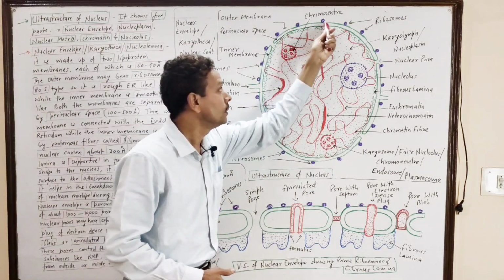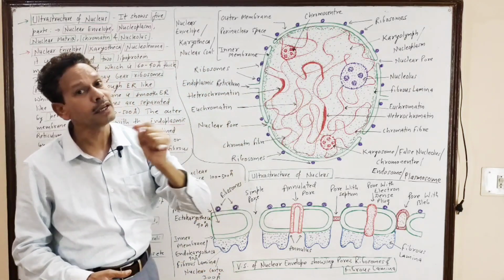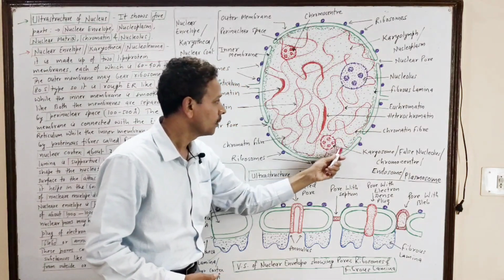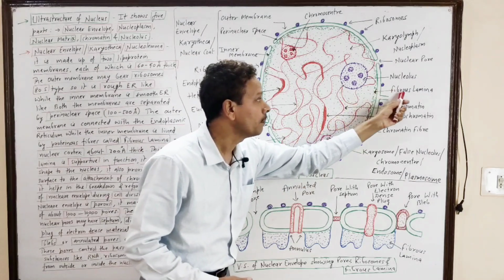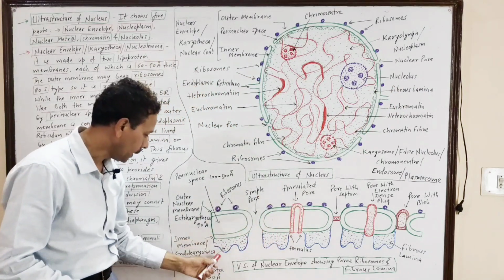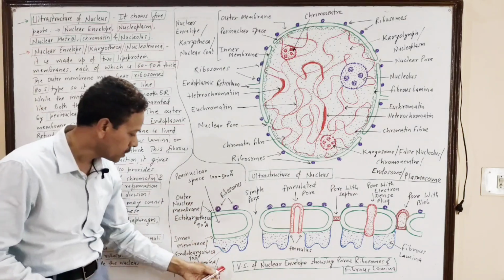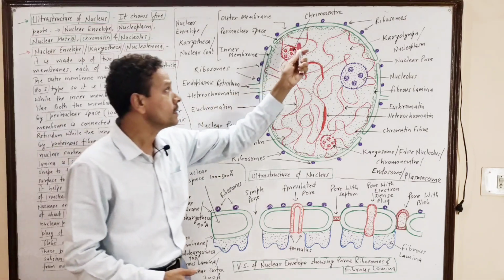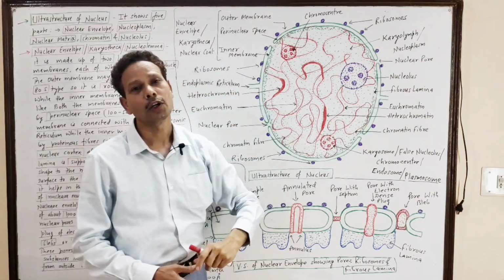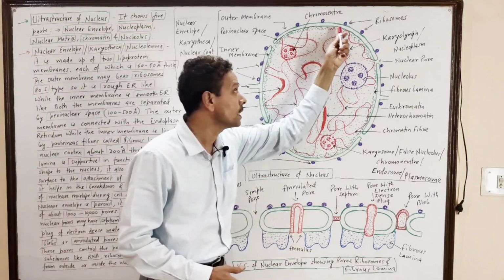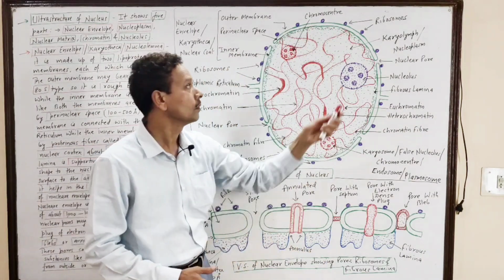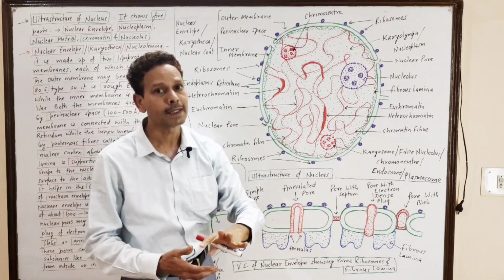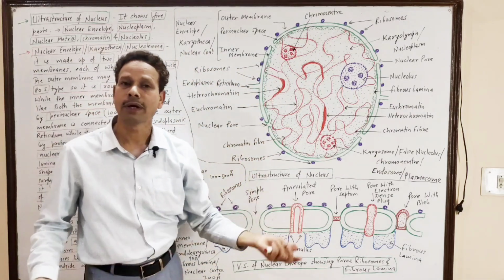Now note down, this inner nuclear membrane is lined by a fibrous layer, that is fibrous lamina, or nuclear cortex, which is about 300 angstrom. This fibrous lamina, very important question, lies below the inner nuclear envelope and provides a supportive framework.